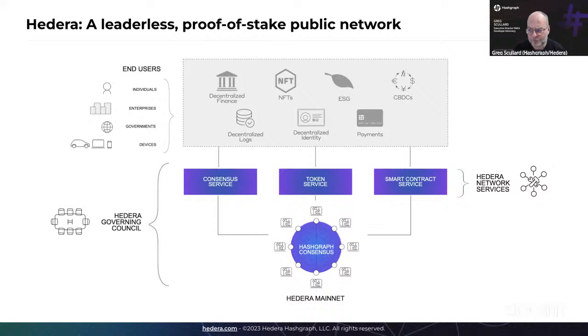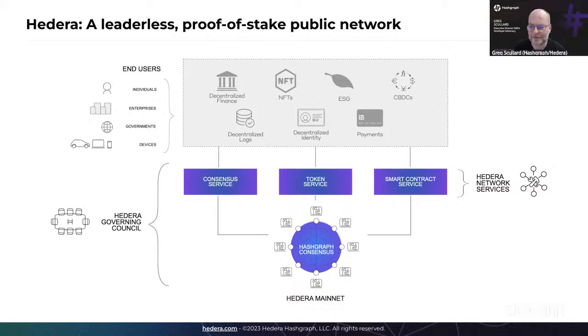The governing council looks after all aspects of operating the network. That is the technical roadmap, the management of the coins, the marketing, the regulatory and legal position of the network, and so on and so forth.